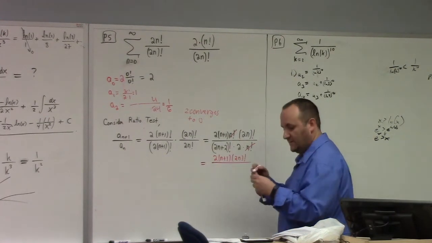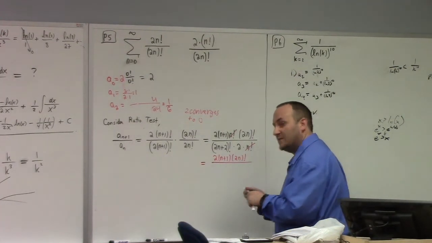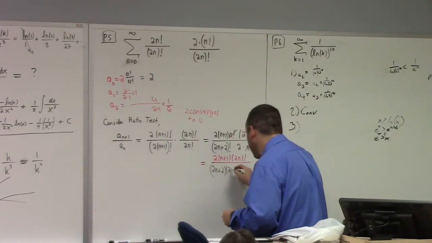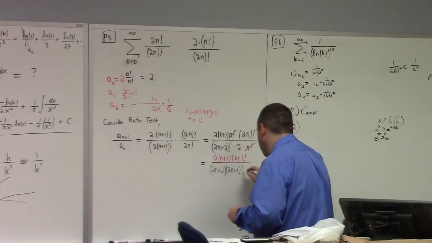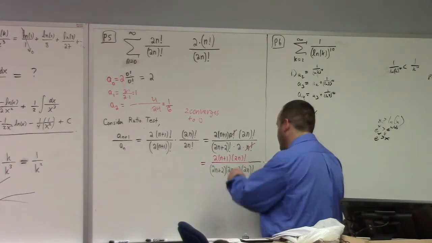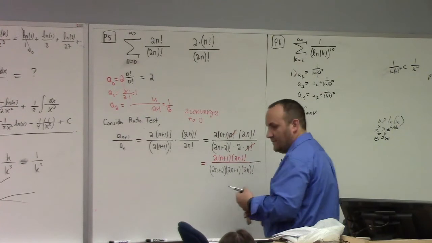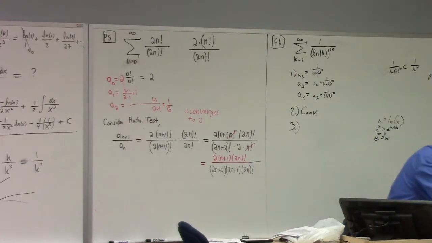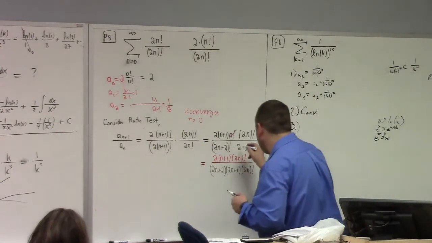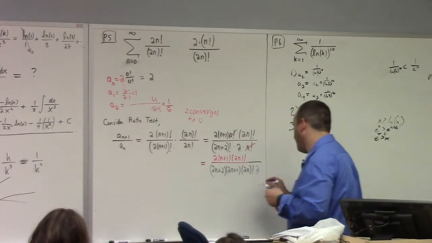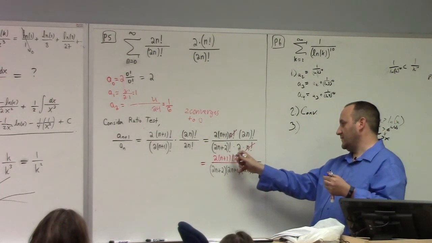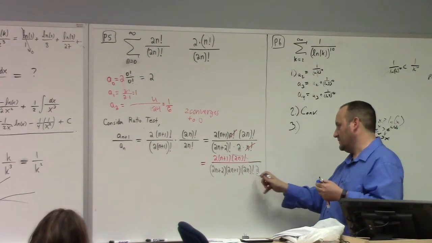this guy, we can expand how? This is 2n plus 2 times 2n plus 1 times 2n parentheses factorial, and there's still that 2 from the step above. The reason I did that was so I can cancel the 2n factorials, like so.